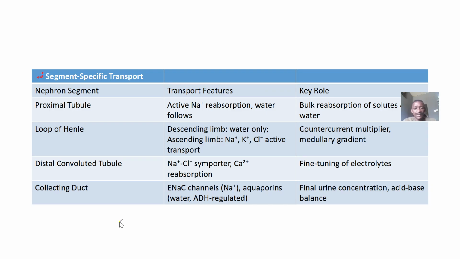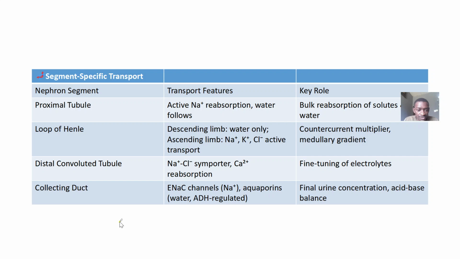Okay, so we have the segment specific transports. Proximal tubule uses what? Active sodium reabsorption, and water follows. Okay, mainly its functions, right? Loop of Henle, the descending limb absorbs water only, while the ascending limb absorbs what? Sodium, potassium, and chloride.